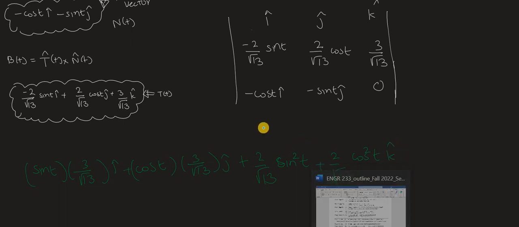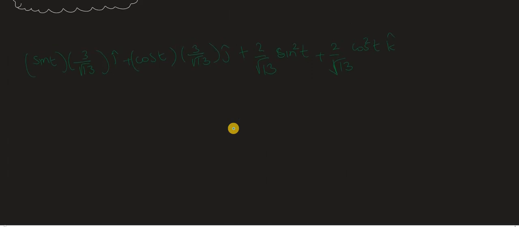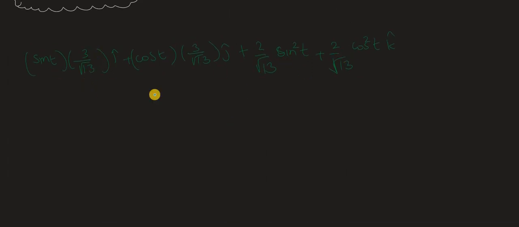Okay, all right, so what do we have now? We can just simplify this to 3 over 13 sine t i hat plus 3 over 13 cosine t j hat plus 2 over 13 sine squared of t plus 2 over 13 cosine squared of t, and this whole thing is k hat.